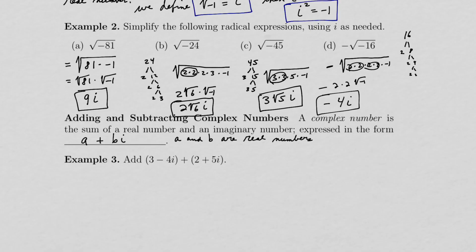The a here is called the real part, and then the bi is the imaginary part. So a complex number consists of a real part plus an imaginary part.